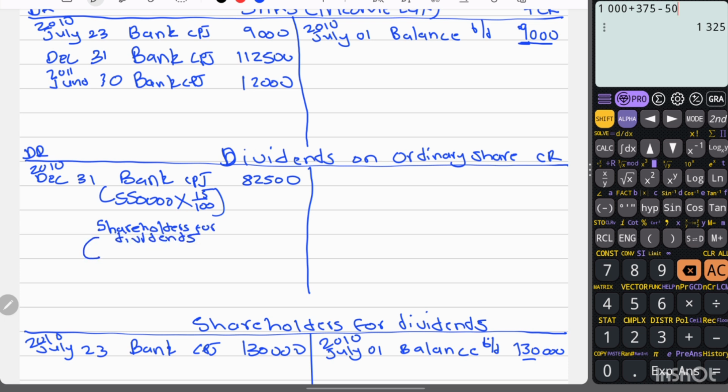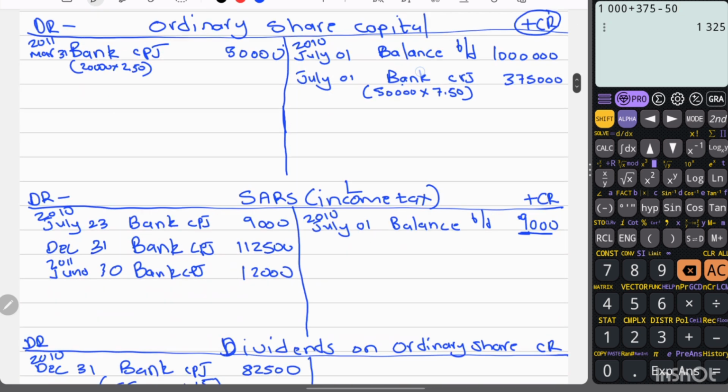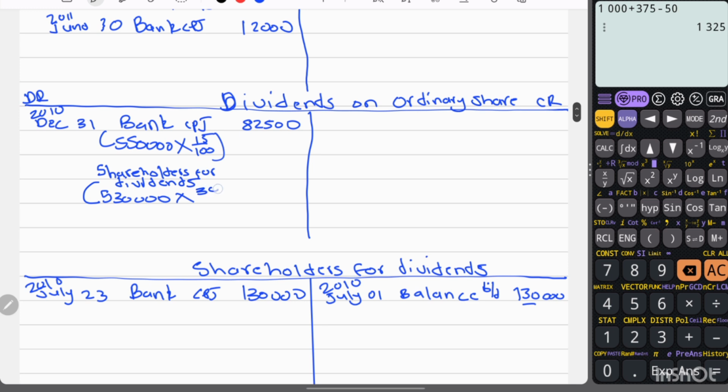Then I'm going to open my little bracket for calculations. It's going to be 530 multiplied by how much was paid, 30 cents, which is 30 over 100. It's 530 multiplied by 0.30. It's going to be 159,000, and then I can just close it off.